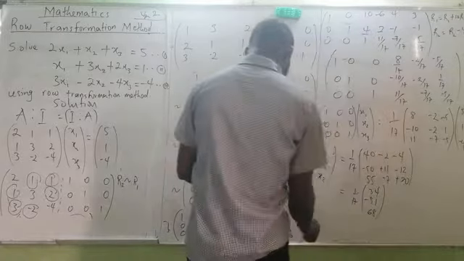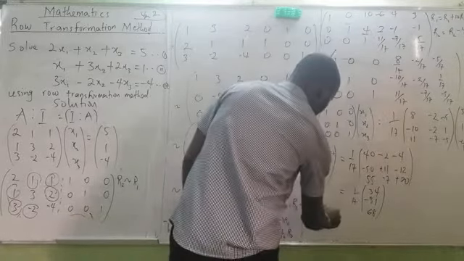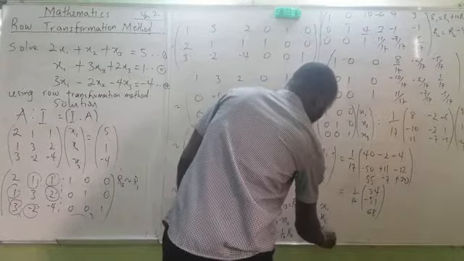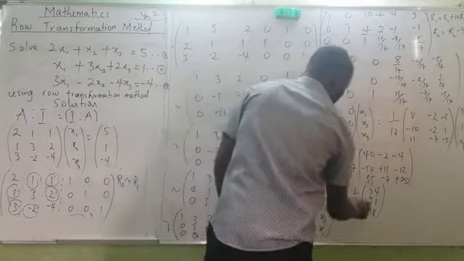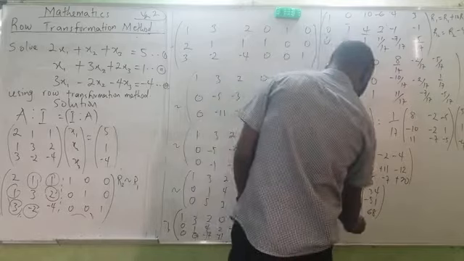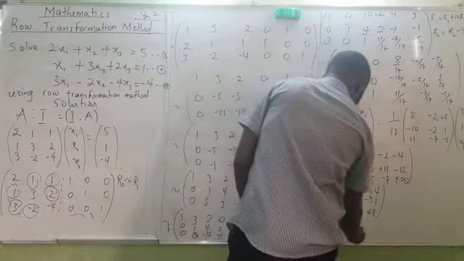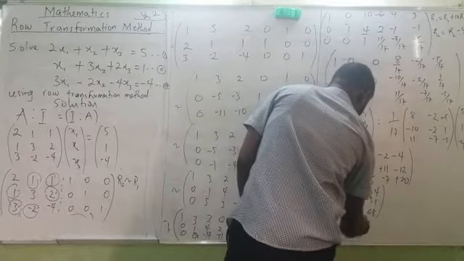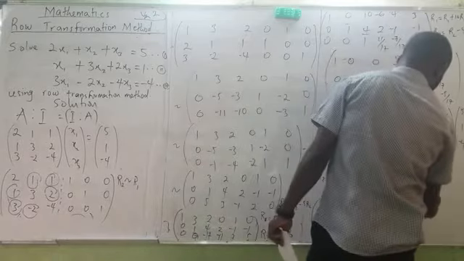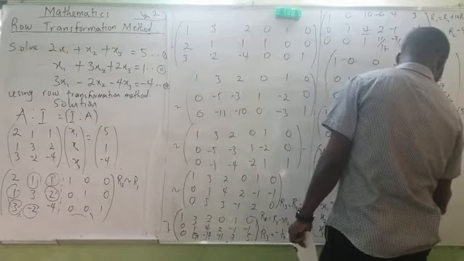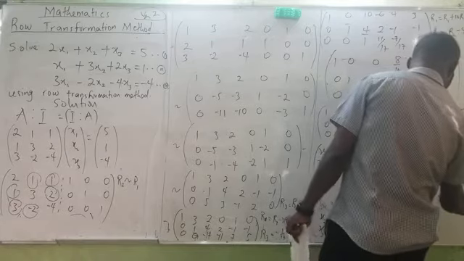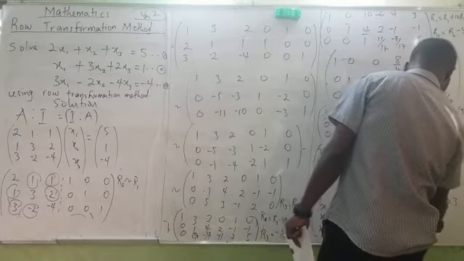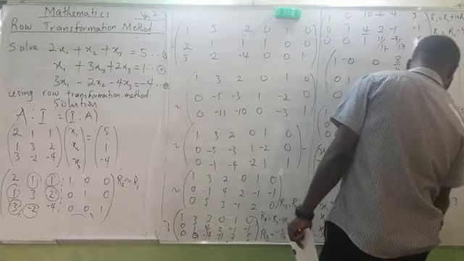Now, it means my x1, x2, x3 can be equals to 2, and here will be 3, and here will be 4. It means my x1 equals 2. My x2 equals 3. My x3 equals 4.